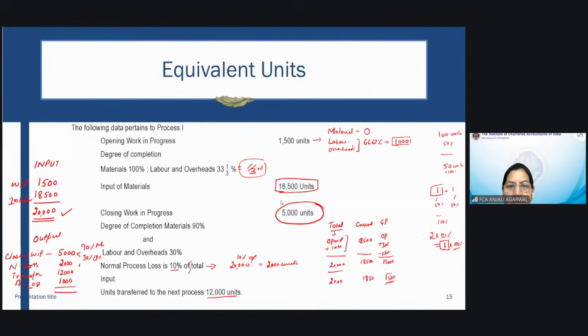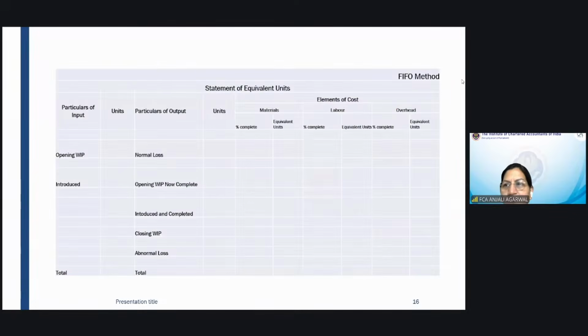Normal loss, 10% of material input, then you can take it for 18,500. So this is the format that you use to prepare the statement of equivalent units. You're asking me why material input. So material input in the current period is 18,500 units. So you should take for 18,500 units, 10% or 2%, whatever the percentage.